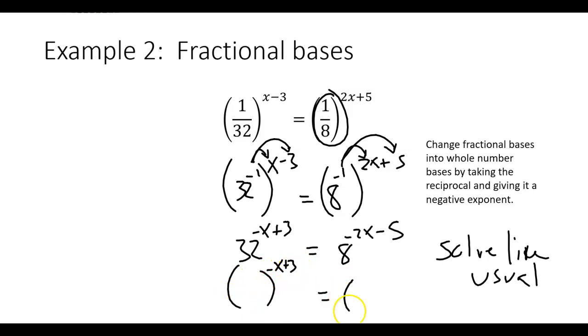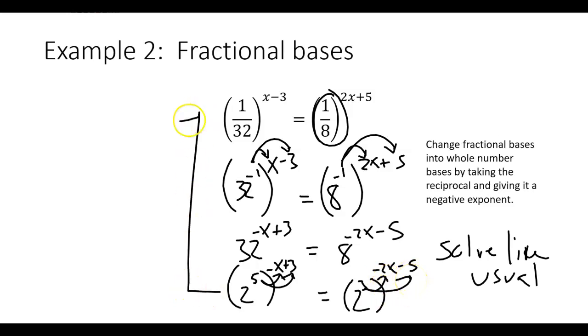So what base can be rewritten as a power that gives me 8 and 32? Well, that would be 2 to the 5th power for 32, and for 8, that would be 2 to the 3rd power. And then we're just going to go ahead and distribute that into the exponent once again, and that's going to give us the following.